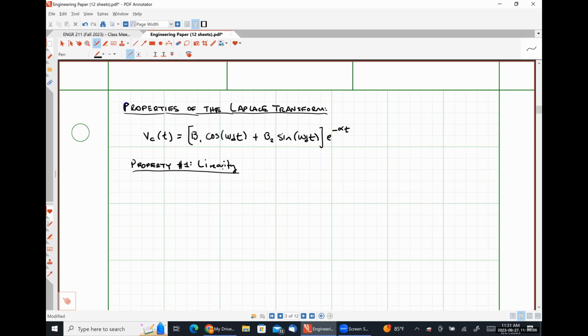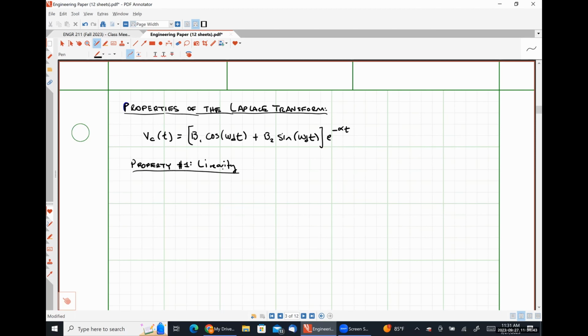So we said something to the effect of, if you have a system that has an input x1 and an input x2, if you scale input x1 by a certain amount and scale input x2 by a certain amount, the output will look like the output response y1 scaled by the amount that x1 was scaled by, plus the output response y2 scaled by whatever input x2 was scaled by, added together, right? So we talked about the superposition theorem or the additivity theorem, and then we also talked about the homogeneity or scaling theorem. Laplace transform obeys the exact same rules, okay?